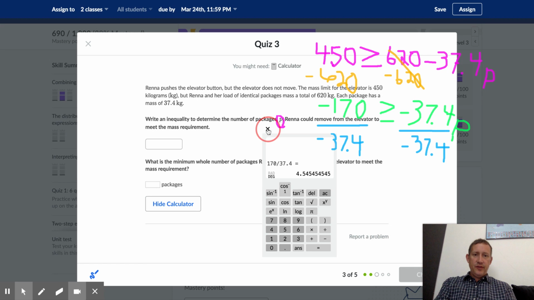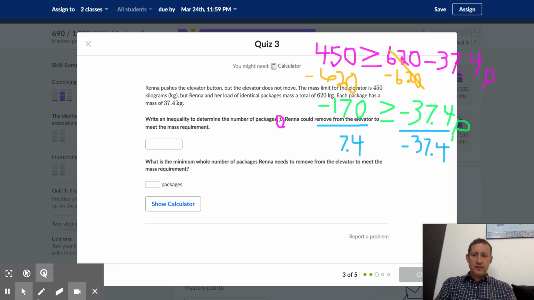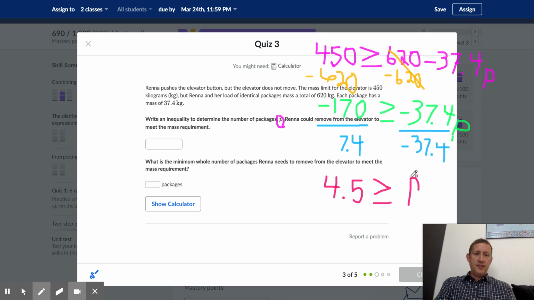So we don't need to calculate anymore. And we have 4.54-ish, repeating, is greater than or equal to p. Or is it? What happens when we divide by negative? Oops, I got rid of that negative there.